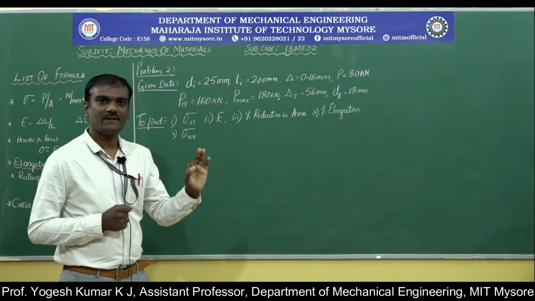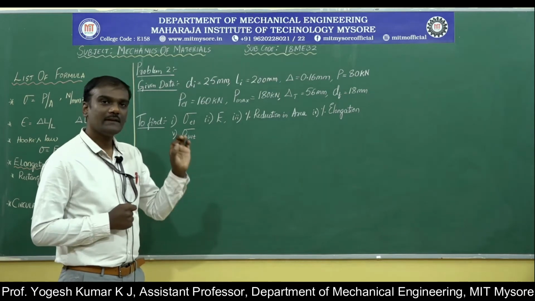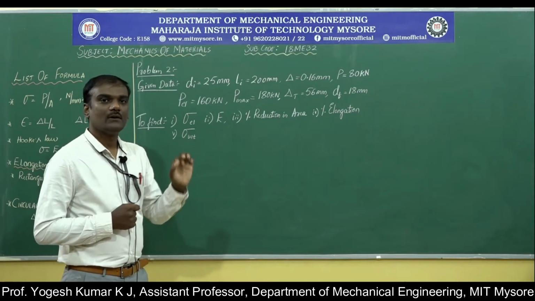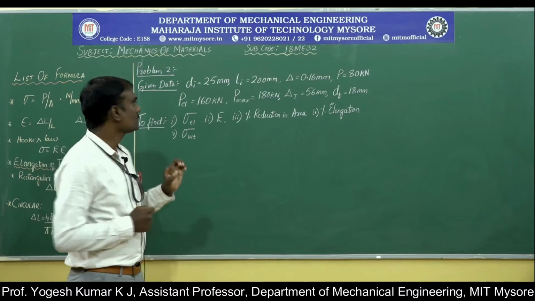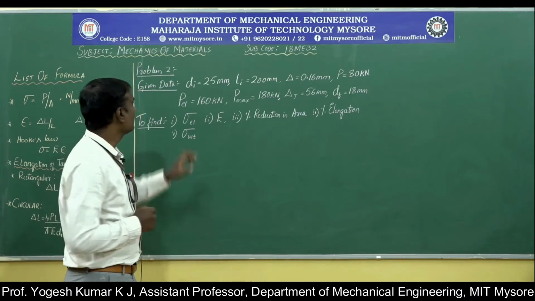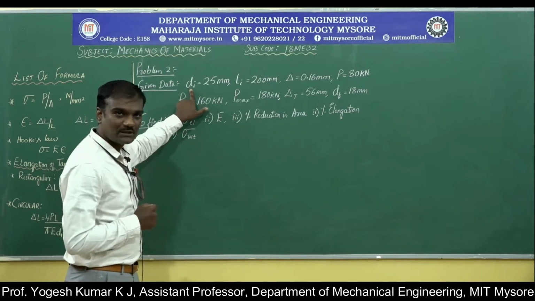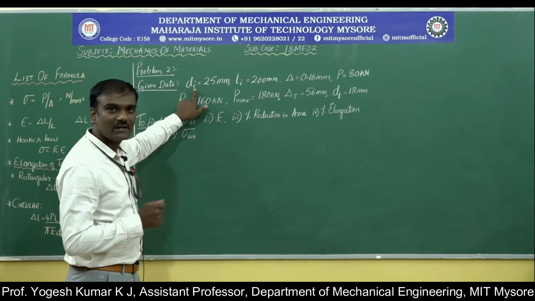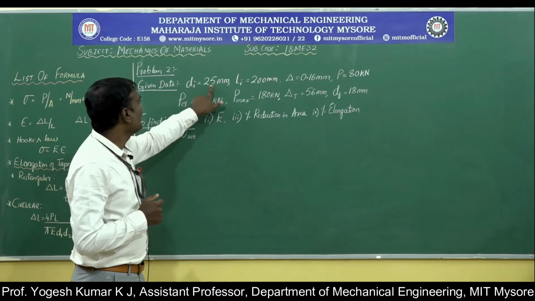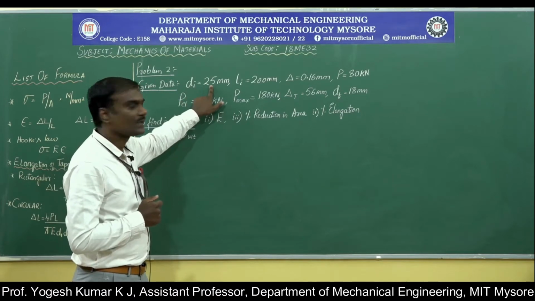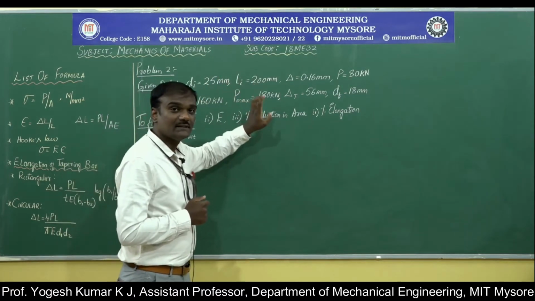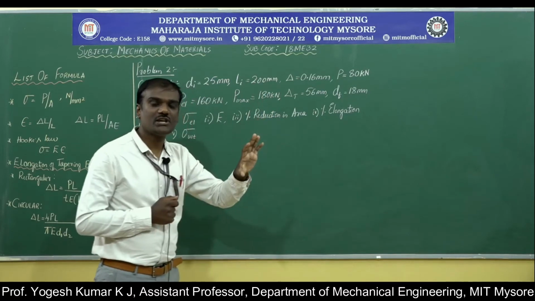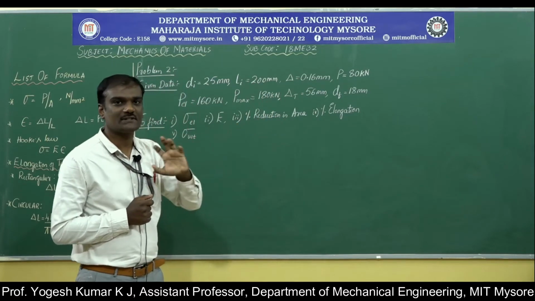By reading the first line of the problem, a specimen of steel 25 mm diameter, I give that as initial diameter, D is the notation for diameter and suffix i represents initial diameter, and it is 25 mm. Next, gauge length, it is the initial length of the specimen before the test.